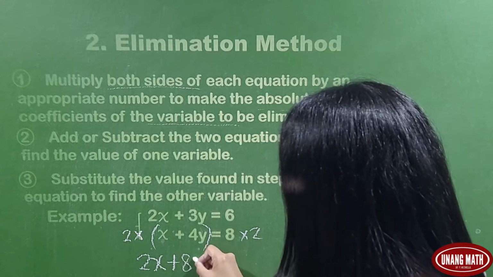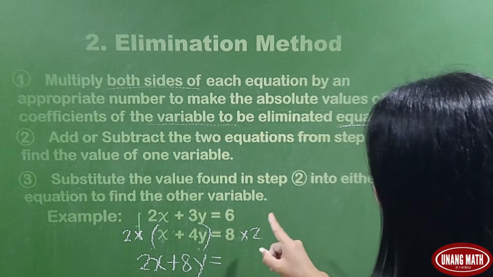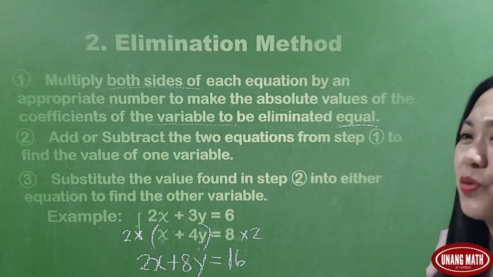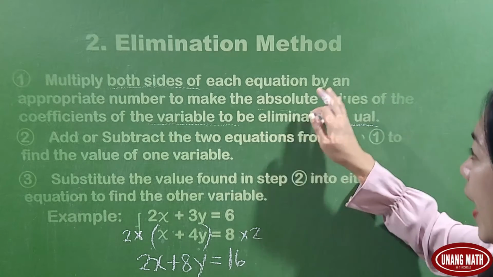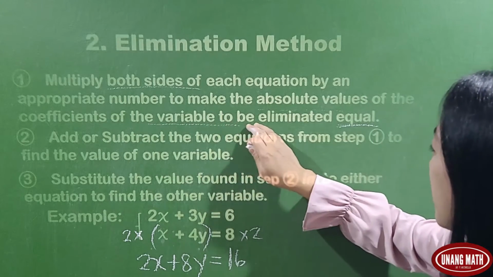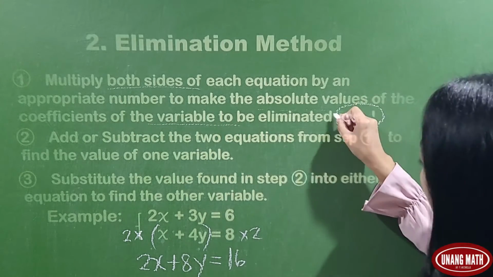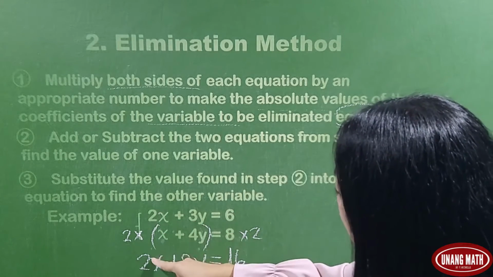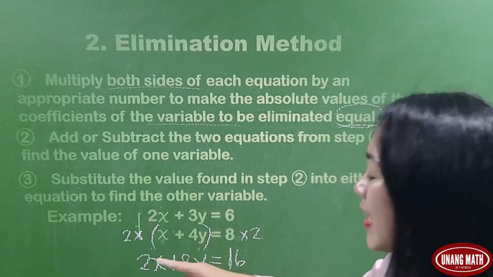So plus 8y is equal to 8 times 2, that's equal to 16. We actually made the absolute values of the coefficients of the variable to be eliminated equal. We actually made these coefficients equal.